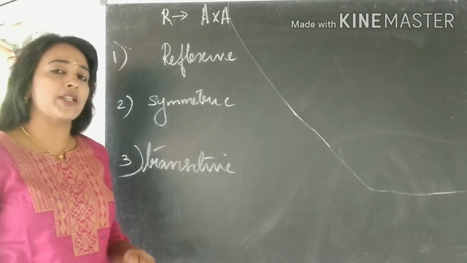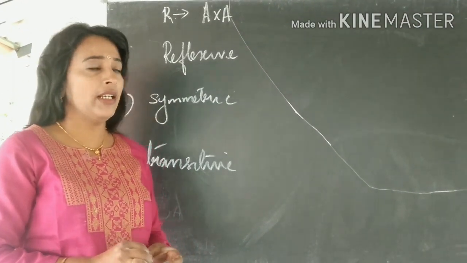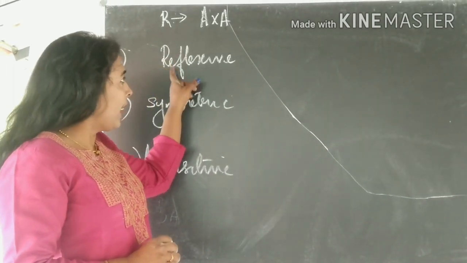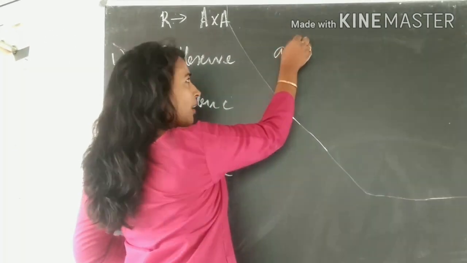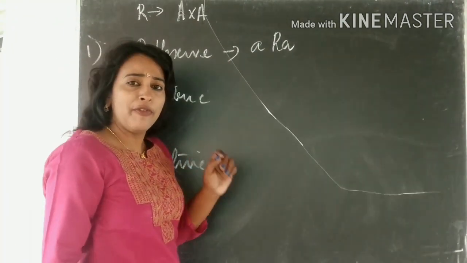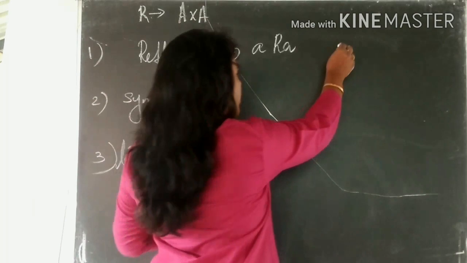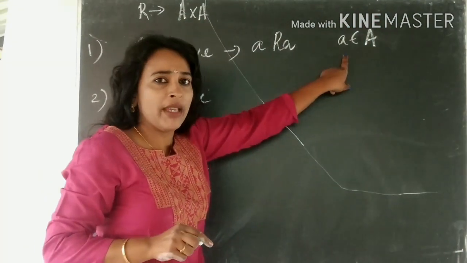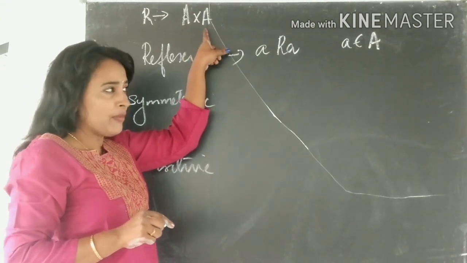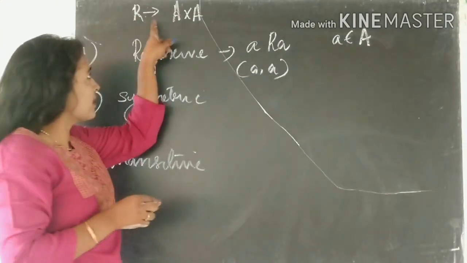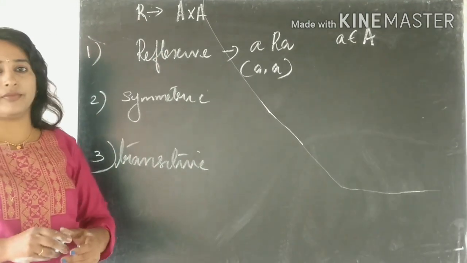A relation is said to be reflexive when every element a in the set A is related to itself, that means there should be the ordered pair AA in this relation R.